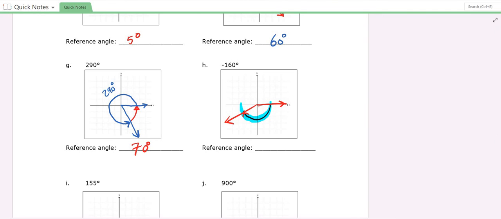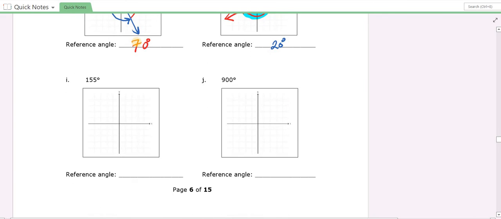And the reference angle, as you can see, is this angle right here. So this angle is my reference angle, which is equal to 180 degrees minus 160 degrees, and it's positive, so we're going to say this is 20 degrees. So the reference angle is going to be 20 degrees.